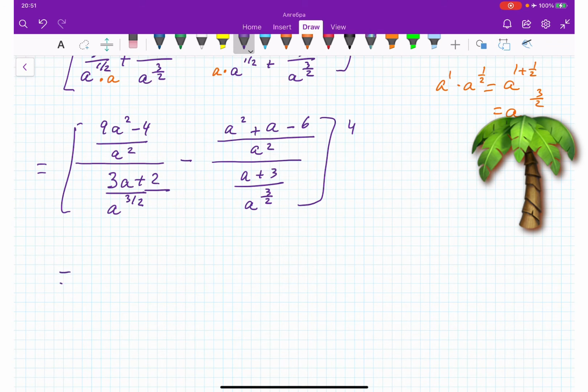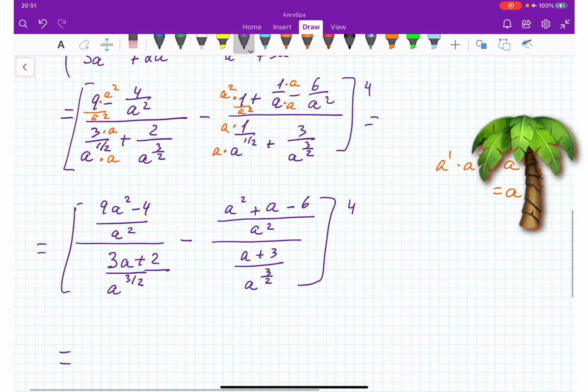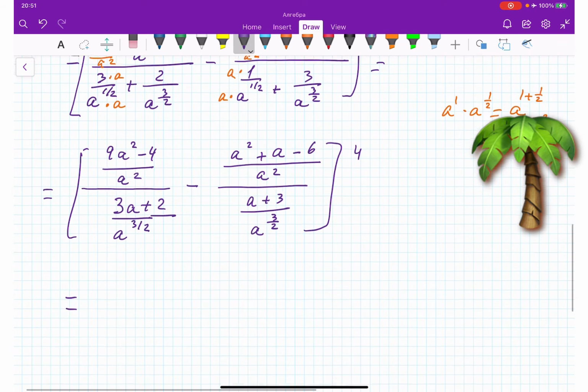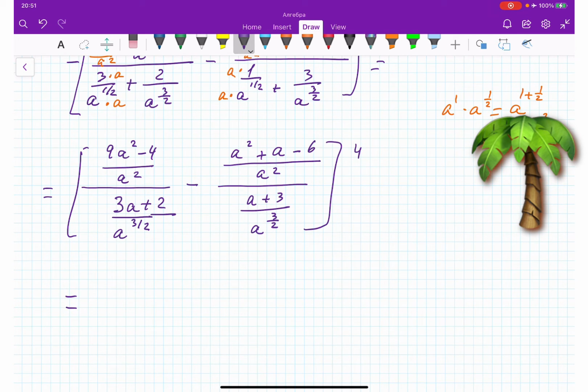This is equal. What we're going to do now, since I have subtraction here, I'm going to divide these fractions, which means 9a squared minus 4 divided by a squared. If I divide, that means I multiply and flip: a to power 3 over 2 divided by 3a plus 2.